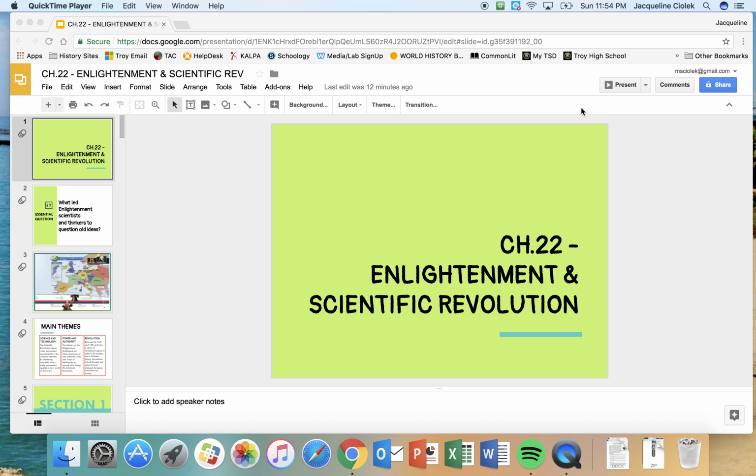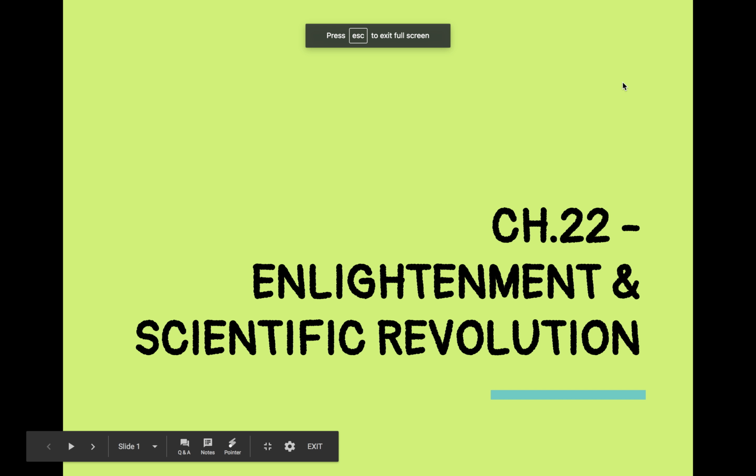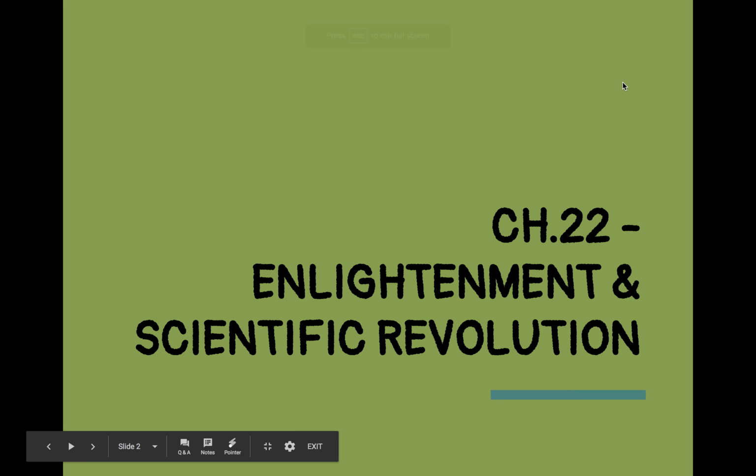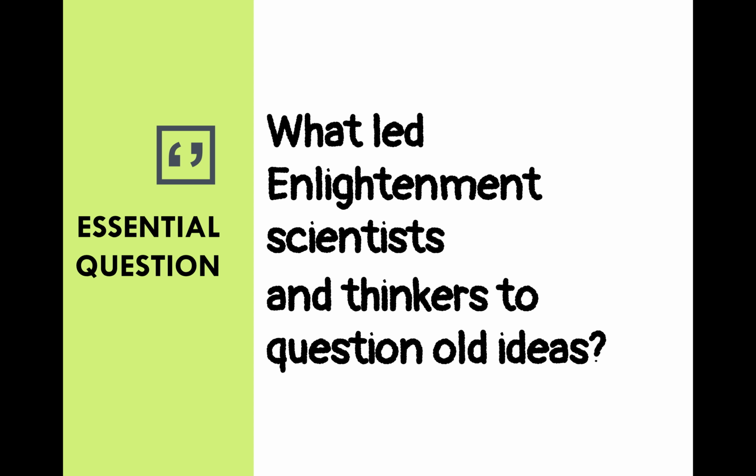So let's get started here. We're going to cover today section 1. One of the big questions in this unit is what led these Enlightenment scientists and philosophers and thinkers to question the old ideas.